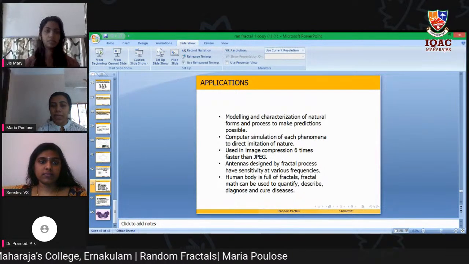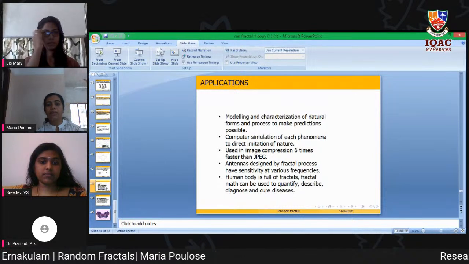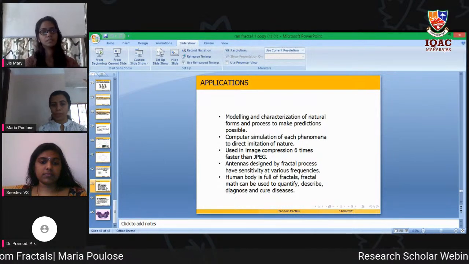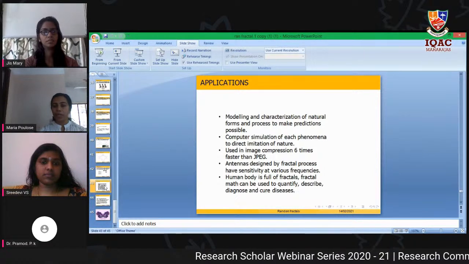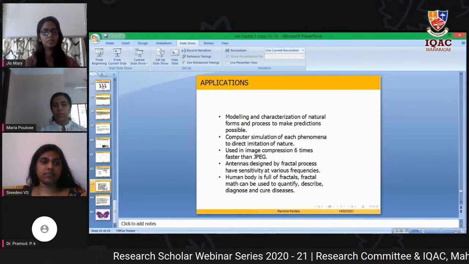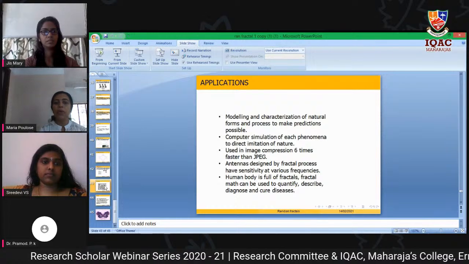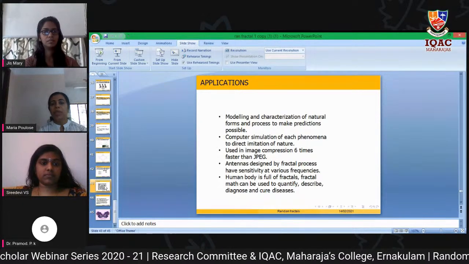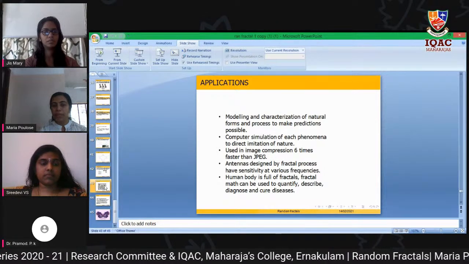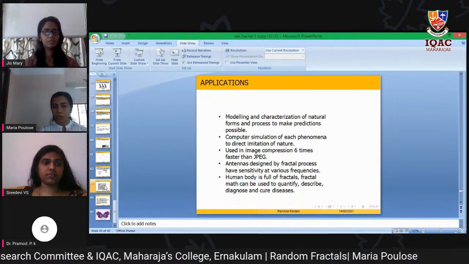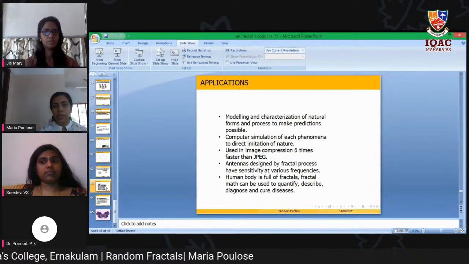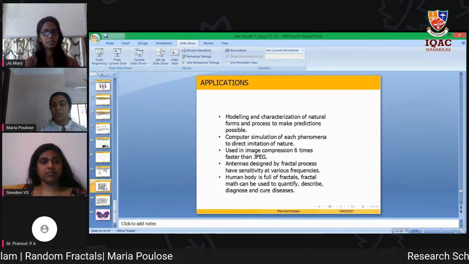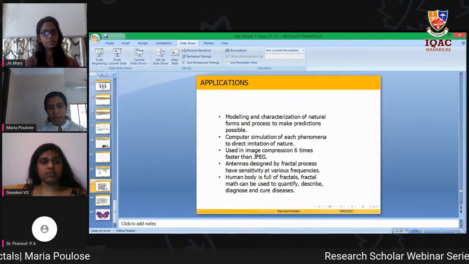Antennas designed by fractal processes have sensitivity at various frequencies. The human body is full of fractals. We have already seen pictures: our iris, brain, lungs, all are fractals. Fractal math can be used to quantify, describe, diagnose, and cure diseases. So these are the main areas in which we apply random fractals.